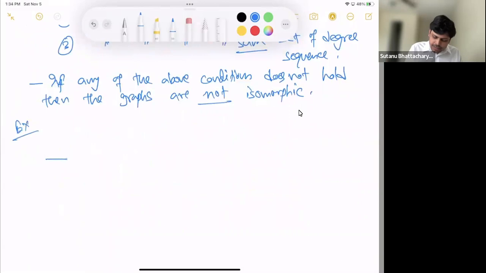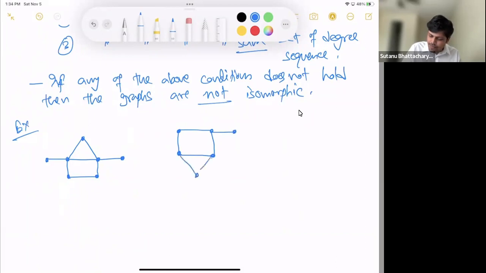So one graph is like this. This is one graph, and this is another graph.